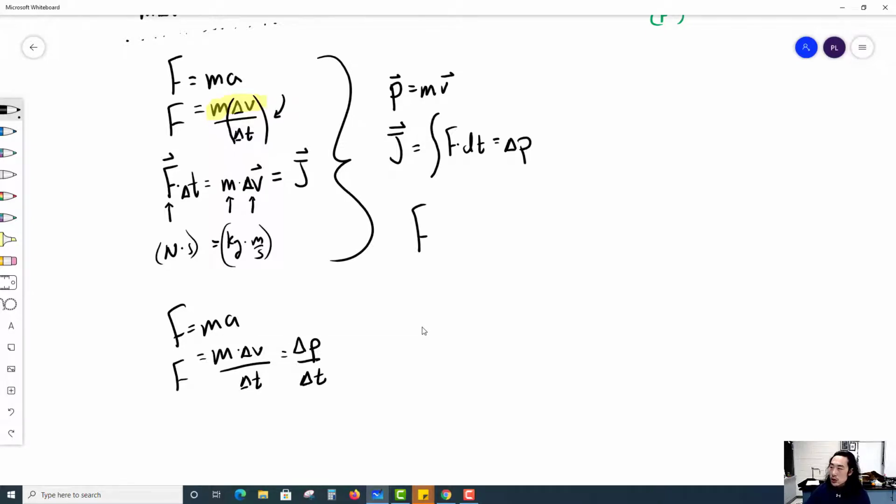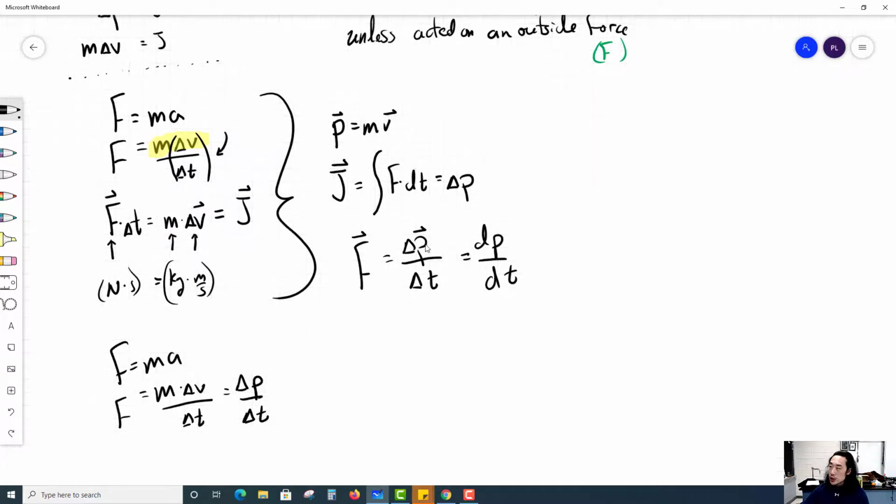I do believe the story goes that Isaac Newton first wrote the second law in this fashion. So the change in momentum over the change in time is equal to the force. All right, so these three will be found on your formula sheet. This third equation, you will see written as dp over dt instead of delta p over delta t.